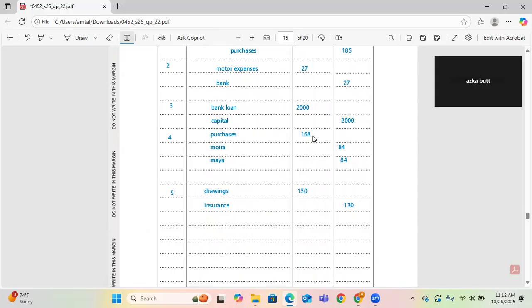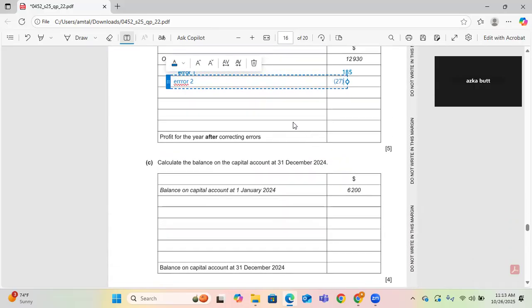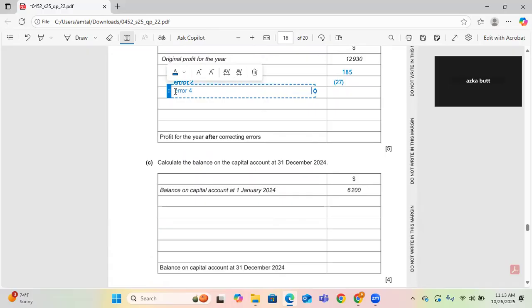So it means that our profit will also decrease with the $168. So this is error 4, and we will be deducting the 168 from here.